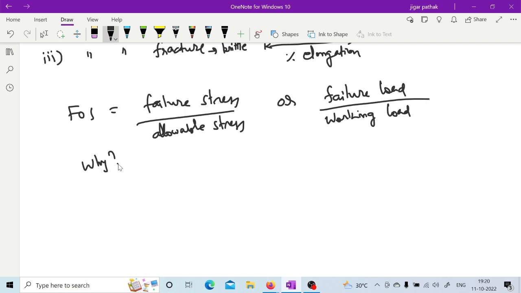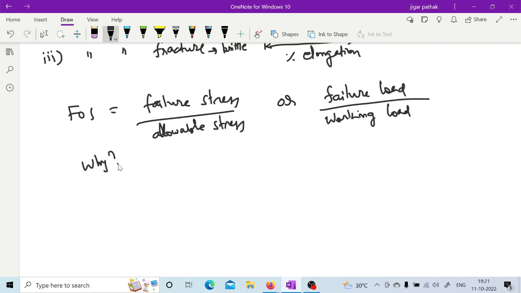Similarly, it may also depend on the material, and the reliability with which you are designing your component. The cost or your budget also matters, because if you increase the factor of safety, the material requirement will be high, right? So there are various factors which affect the magnitude of the factor of safety.